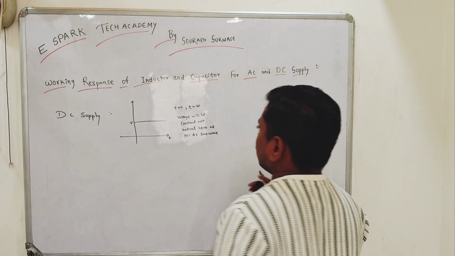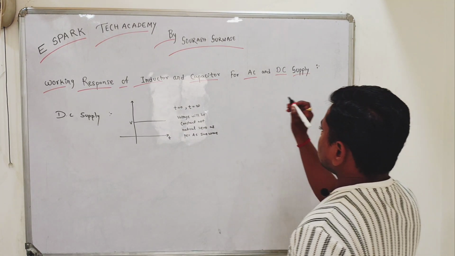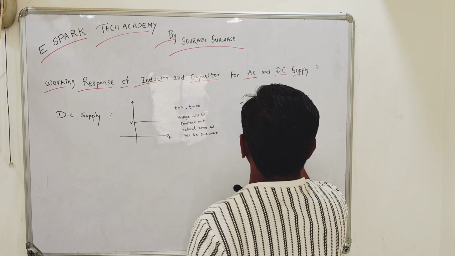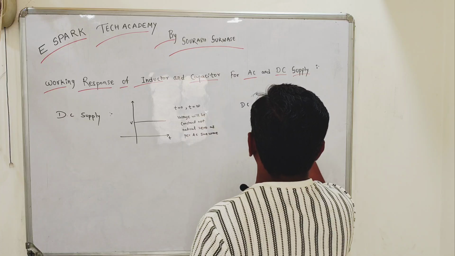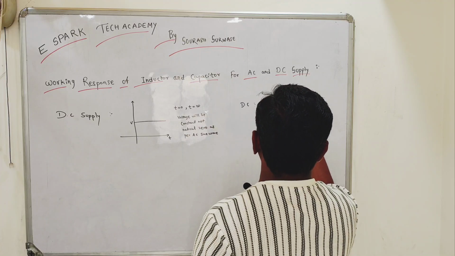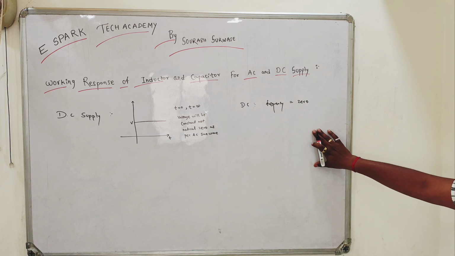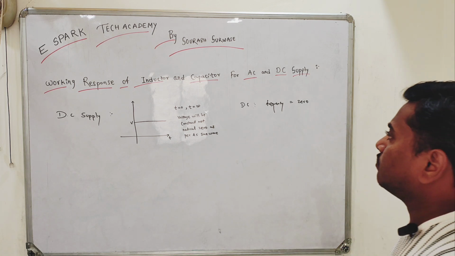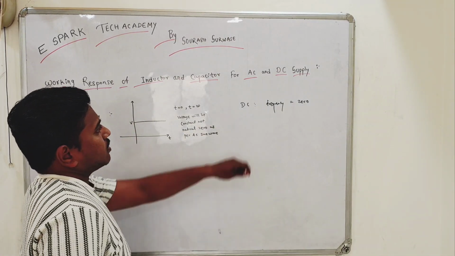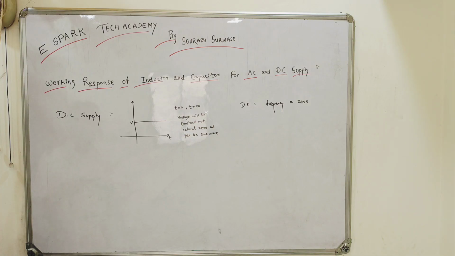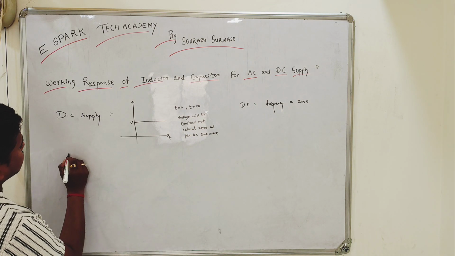Now, if you go through it, in DC, frequency will be 0. Now, by using this basic of DC supply, the frequency concept, we will derive the equation for AC and DC. First we are trying to explain the DC supply in terms of inductor and capacitor.